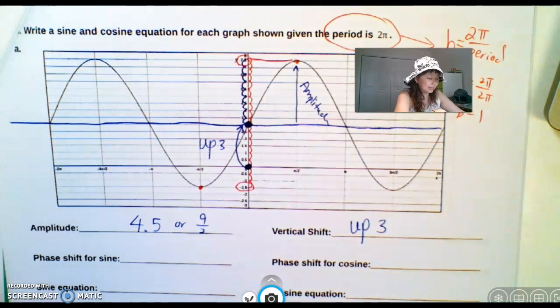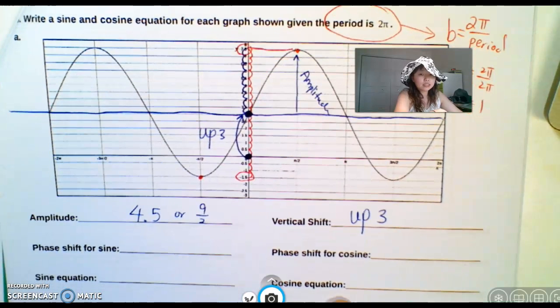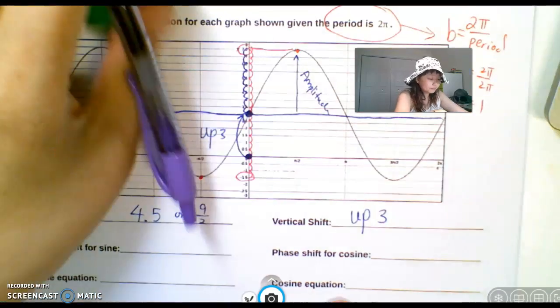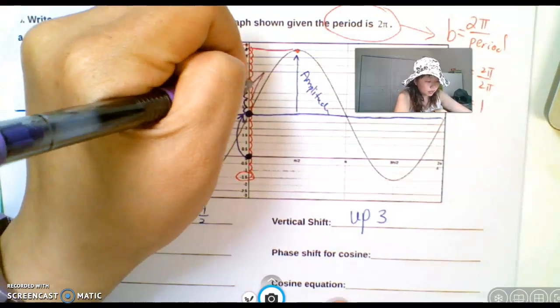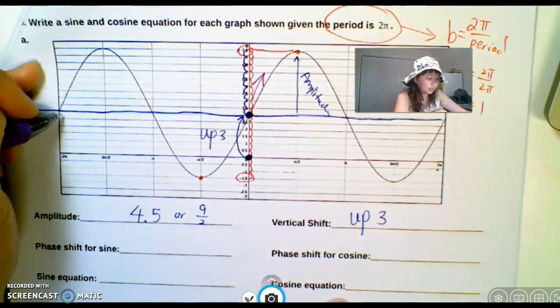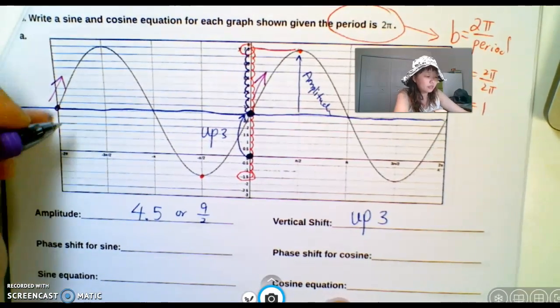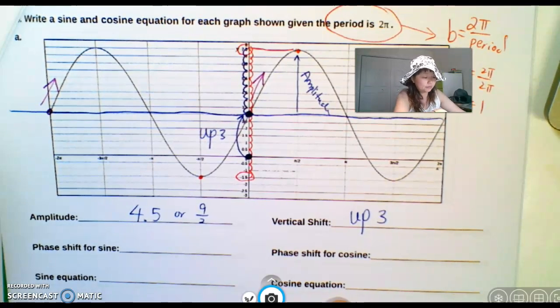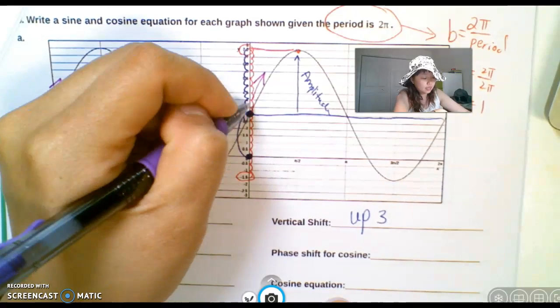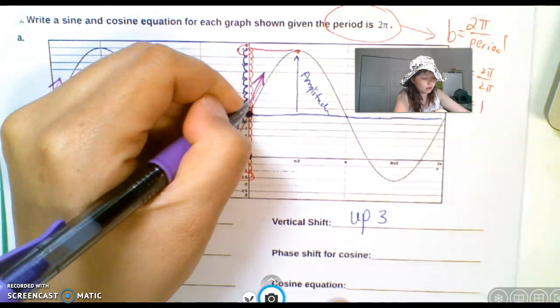Phase shift for sine. This is a little tricky because we're throwing sine and cosine at the same time. Sine is from the middle and you're looking for up. This actually did not move left or right, because the middle starts right at the y-axis.